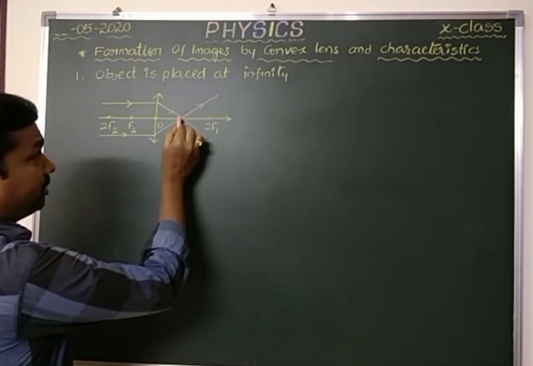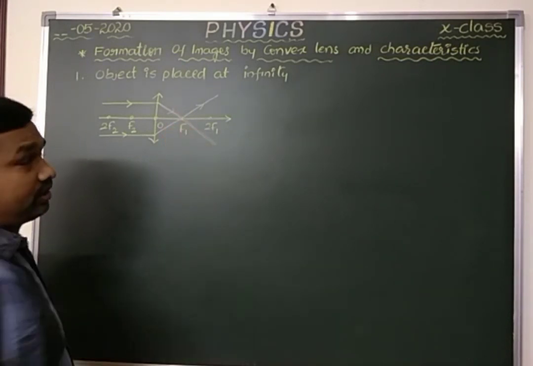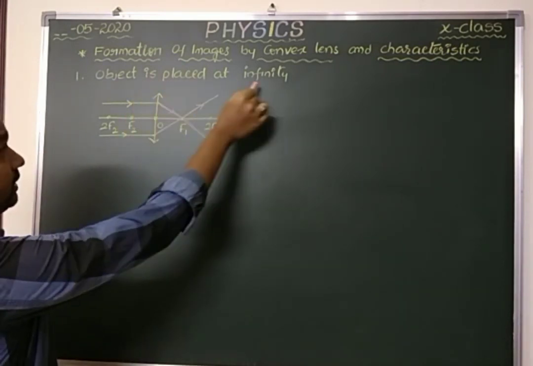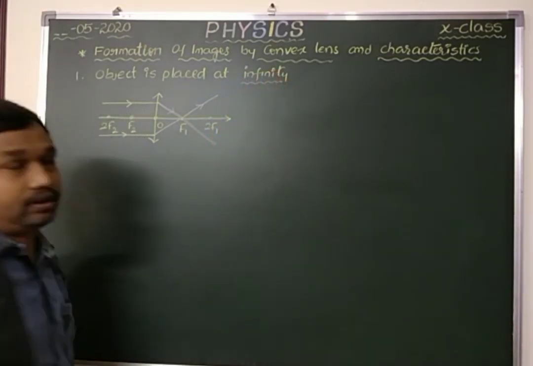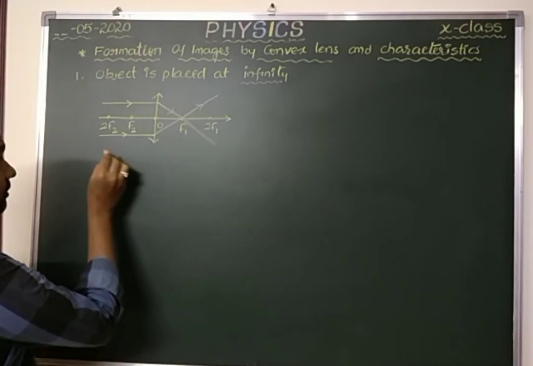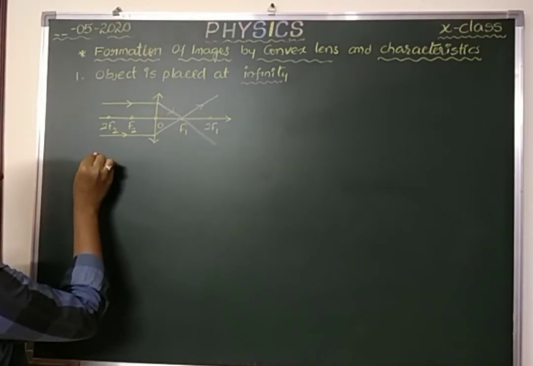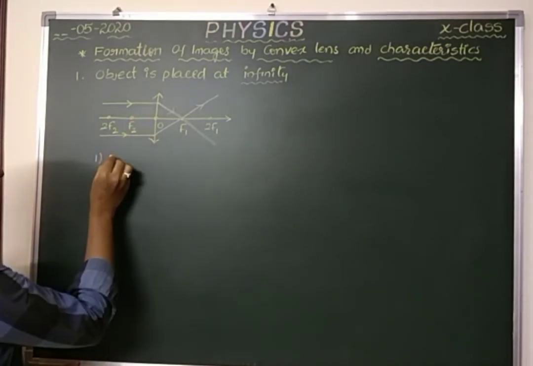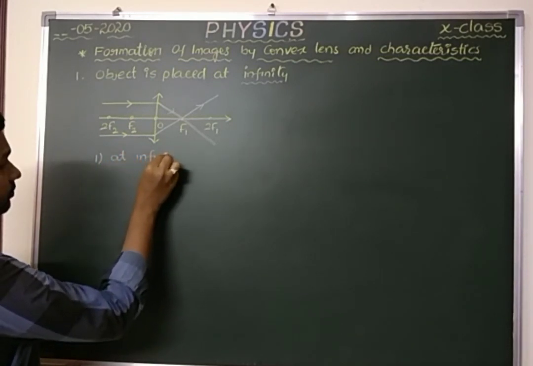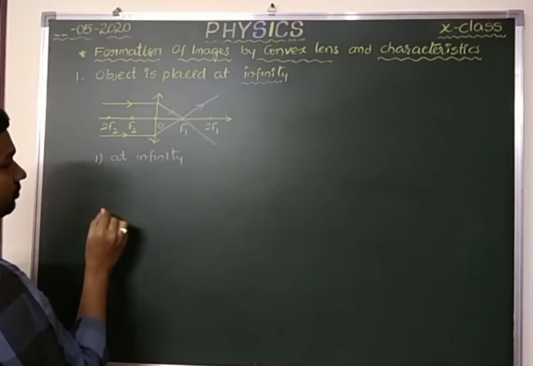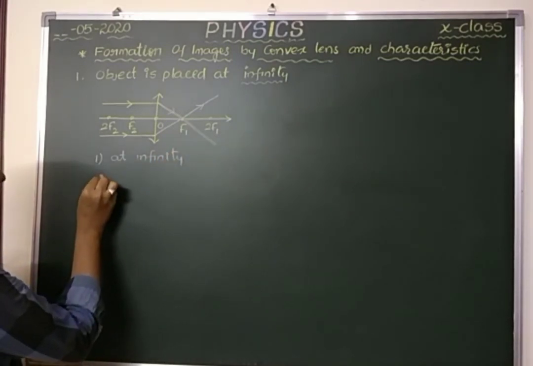Where is the image formed? Here will be the image. Where is the object? Object is at infinity. What are the characteristics we have for this? Object is at infinity. Where is the image formed?